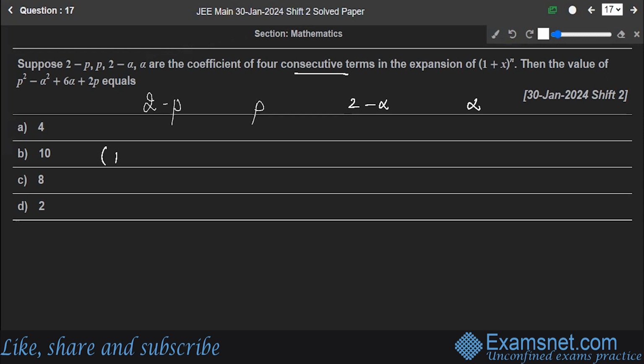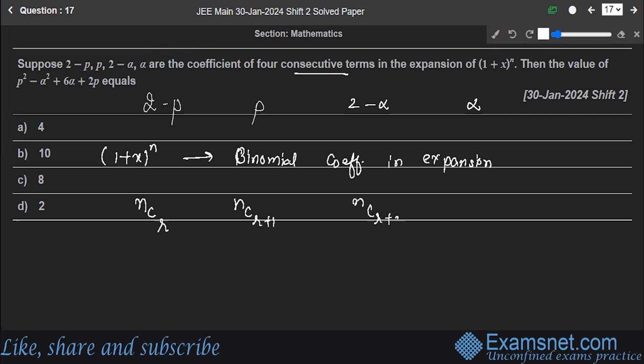So the binomial coefficients in the expansion of 1 plus x raised to n are given by nCr, nCr+1, nCr+2, nCr+3. These are the four consecutive binomial coefficients in the expansion of the given term.